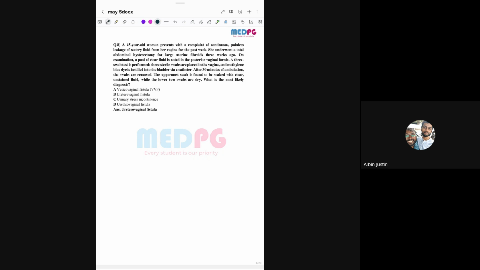So they are asking, what is the test described here? It is a methylene blue 3 swab test.